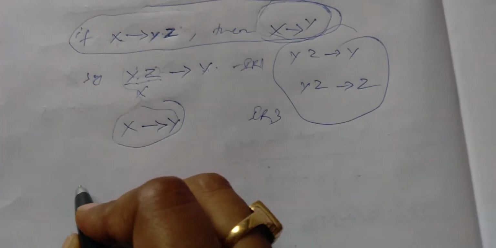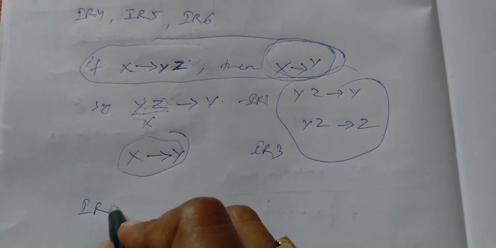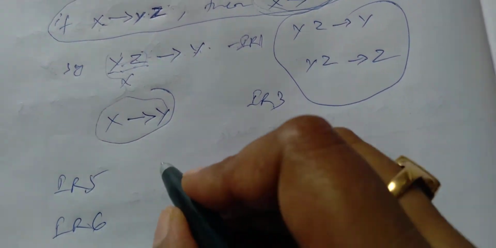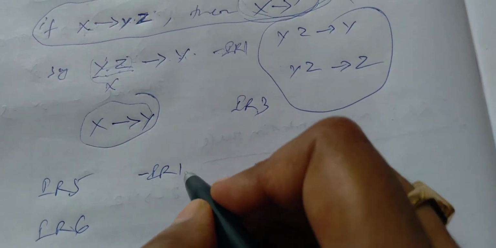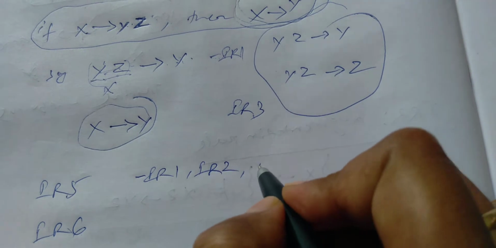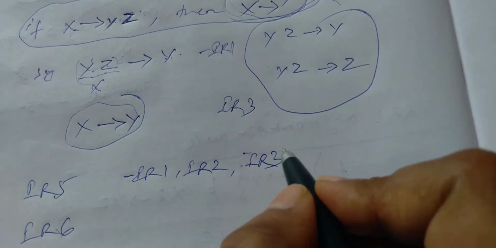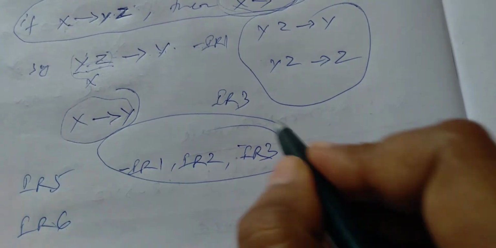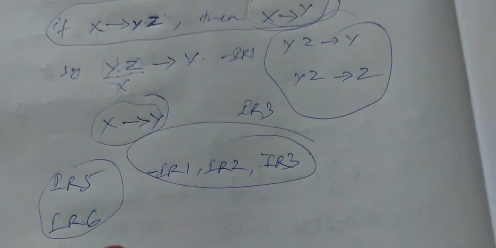Similarly, if you see the other proofs, IR5 and IR6 will also involve either IR1 and IR2 or IR1 and IR3. Through involving these three, these two also can be proved.